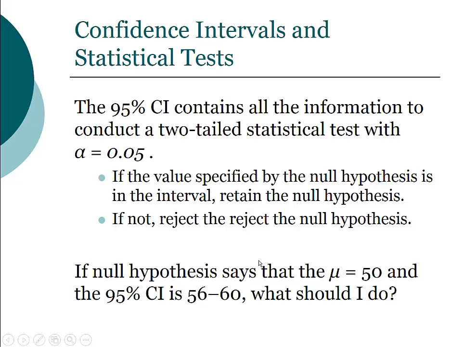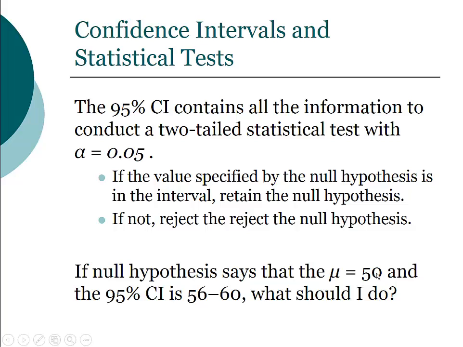null hypothesis. So if the null hypothesis says that the true population mean is 50, and we have a sample mean that leads to a 95% confidence interval of 56 to 50. Well, 56 to 50 does not contain 50. So this confidence interval is outside of, it doesn't contain, this null hypothesis value.